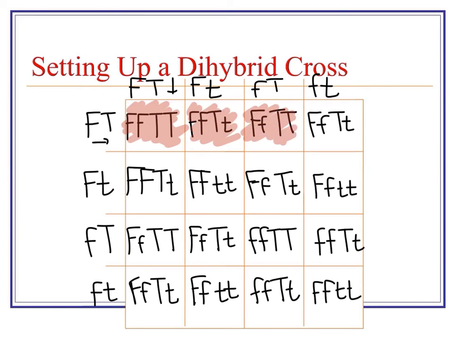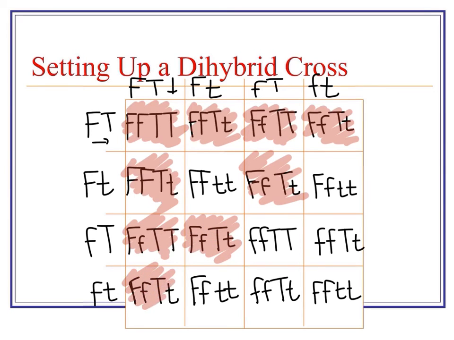So I can see if I go along, all of these do, this one does, this one does not, but this one does. And we go through all of these. So I can see that 9 of the individuals are dominant for both traits.